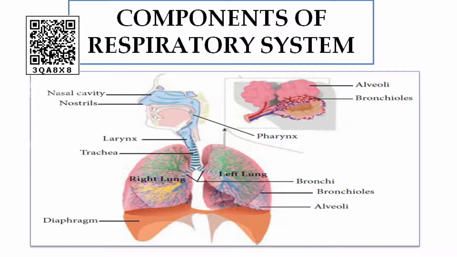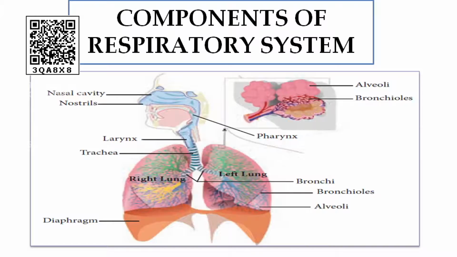Once the air passes through the pharynx, it opens into the larynx, and the larynx is called the voice box. You all know what a voice box is. The vocal cords are present here and the larynx is protected by the cartilages. Okay, and the trachea starts from the pharynx.